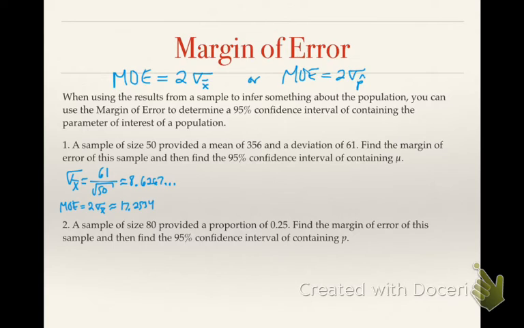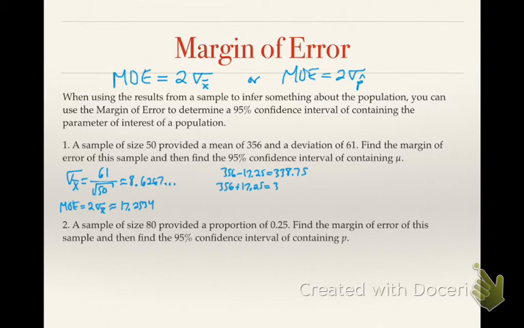So the question becomes, what's the 95% confidence interval containing the actual population mean? Well, we have to add and subtract that margin of error from the sample mean of 356. So 356 minus 17.25 is equal to 338.75, and then add 17.25.